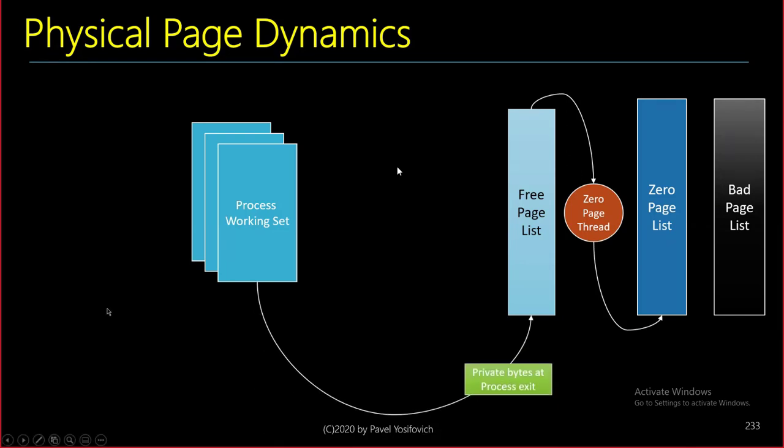Next, one of the transitions that can happen is when a process terminates. When a process terminates, all the RAM or the working set it was using for private pages are not needed anymore. Shared pages cannot be thrown away because they're still used by other processes, maybe DLL code or EXE code. But private data that is currently in RAM is completely useless now. The process is dead. And so these pages just move on to the free page list.